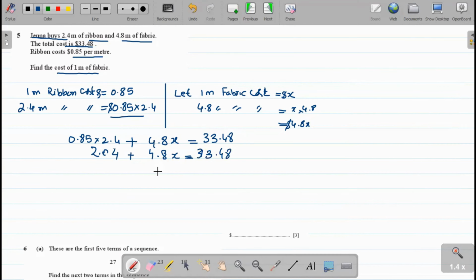Now 4.8x will be equal to 33.48 minus 2.04.